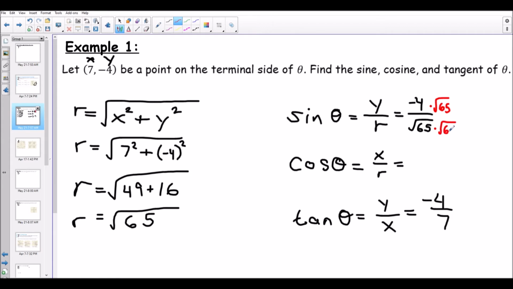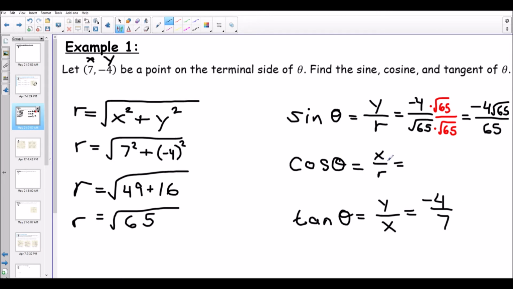I'm multiplying the numerator and denominator by the radical in the denominator. And that's going to simplify to give us -4 times the square root of 65 over 65. And that's as simple as that one's going to get, because 4 and 65 don't share any factors besides 1.